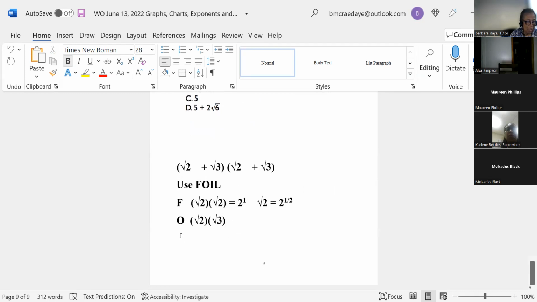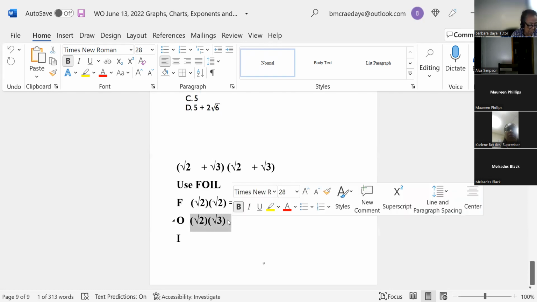Now let's go to the inner. What are the inner terms, Mercedes? Square root of 3 and square root of 2. Yes, square root of 3 times the square root of 2, which is really the same as this one, right? It's just the order was a little different.